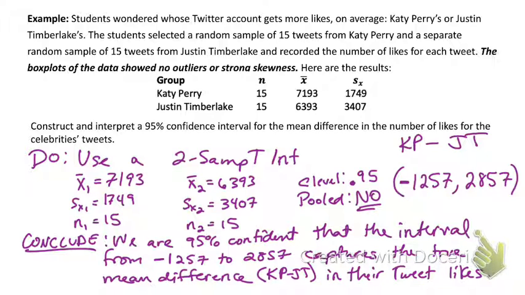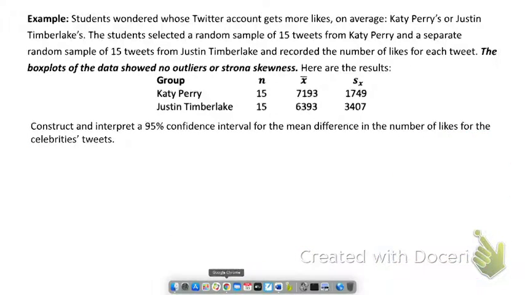Nope, okay, not erasing it. So do we have convincing evidence of an actual difference? No, because zero is in our interval. That's what I'm going to write down when I get to it. Okay, I got thumbs up, so here it is.